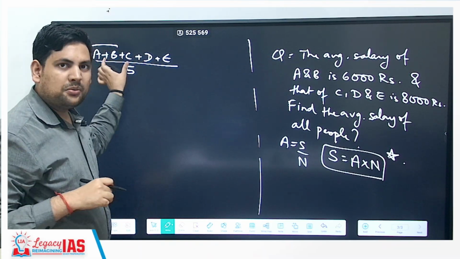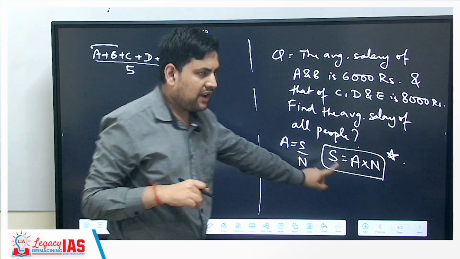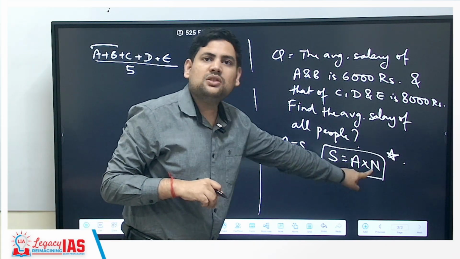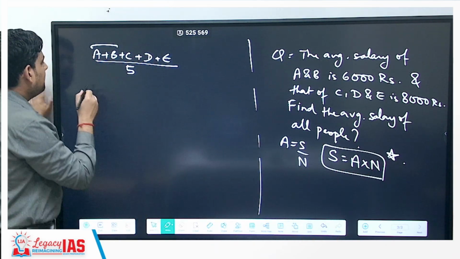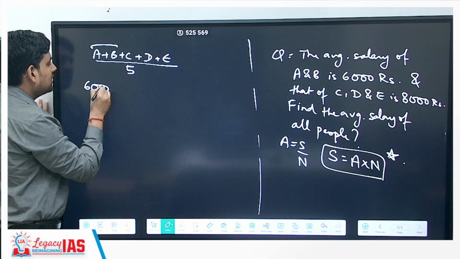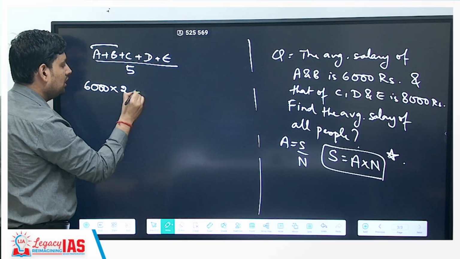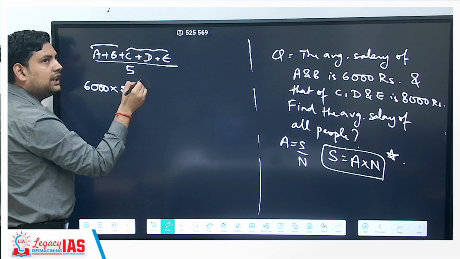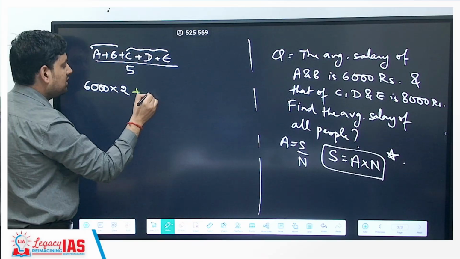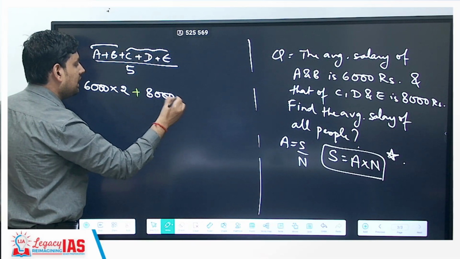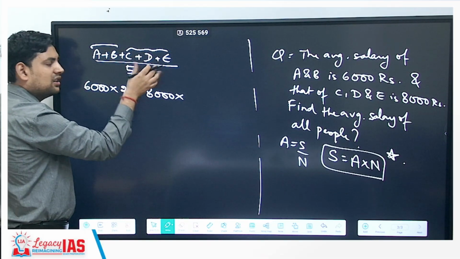Now A plus B is the sum. Sum is equals to average into number of items. So the average is given as 6,000. 6,000 is the average of how many people? Of 2 people. So into 2. Then see this, C, D and E. The average of C, D, E is given as 8,000. This 8,000 is the average of how many people? Of 3 people.